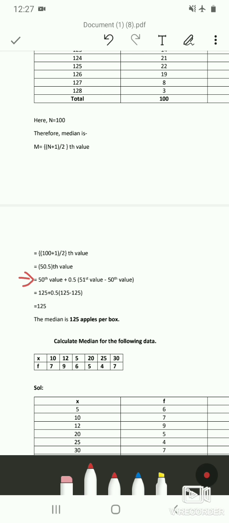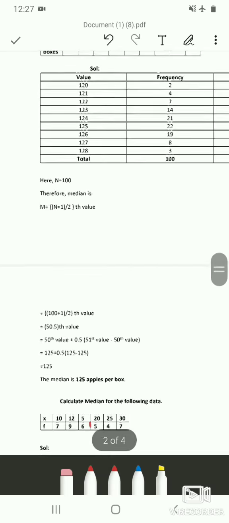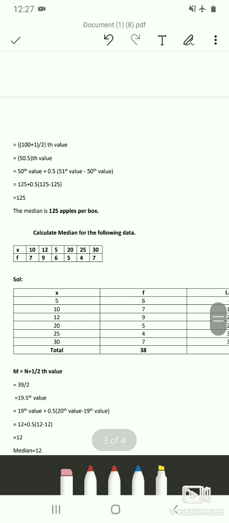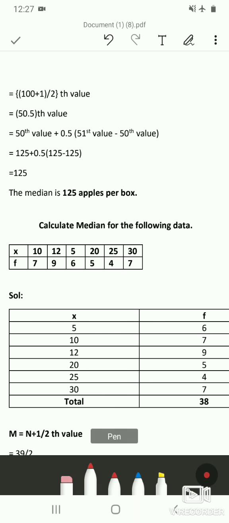Now let's see another example. The second example is to calculate the median for the following data. Here x is 10, 12, 5, 20, 25 and 30, and the corresponding frequencies are given.